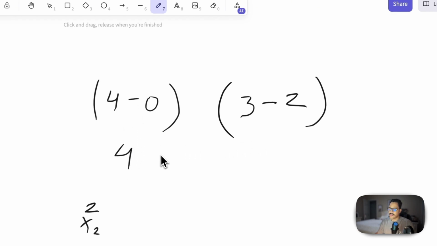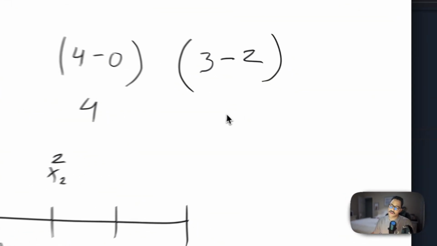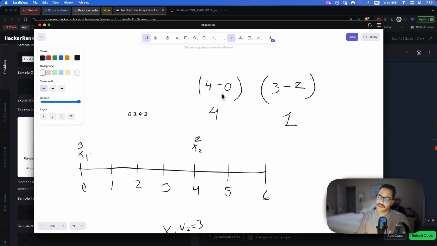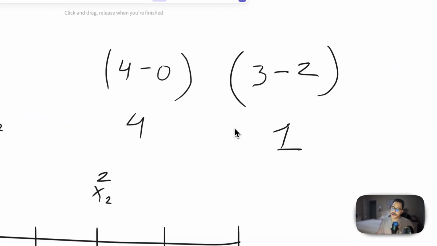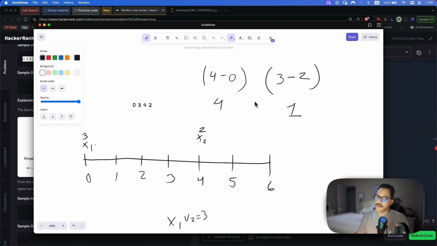Now, I think I'm doing something wrong here. I don't know. I'm just trying to find the difference. 3 minus 2, it's 1. So that's the difference in distance. And this is the difference in velocities. I know there's a formula somewhere to find the distance.